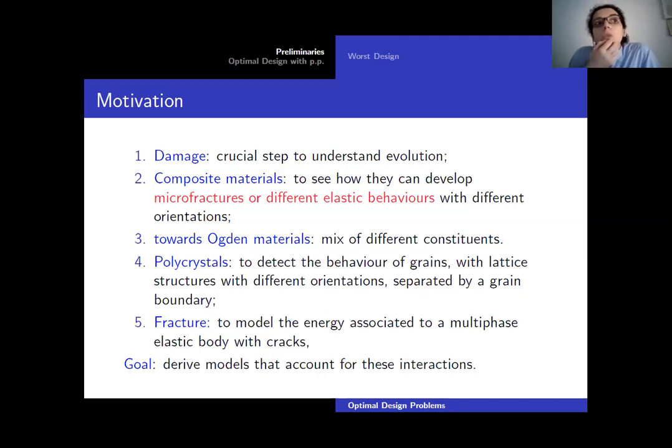Another aim is the one of modeling Ogden materials, or understanding the behavior of fracture in polycrystals, and many possibilities, I guess, are opened by this type of modeling.